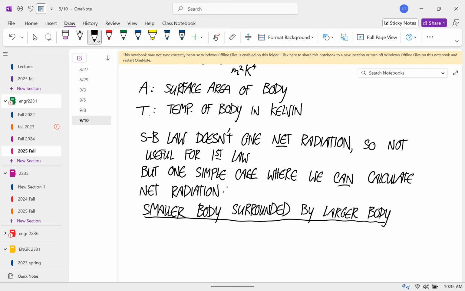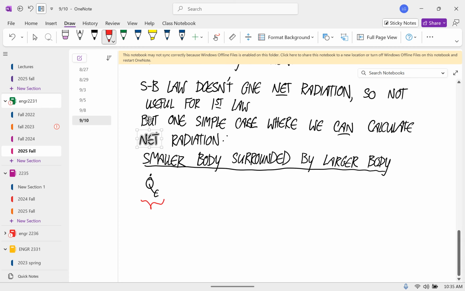And so in that case, we can get a net emission of energy, and Q dot, this is a net, is equal to the emissivity times the Stefan-Boltzmann constant times the surface area of the smaller body on the inside times the quantity temperature of the body to the fourth minus the temperature of the surroundings to the fourth.